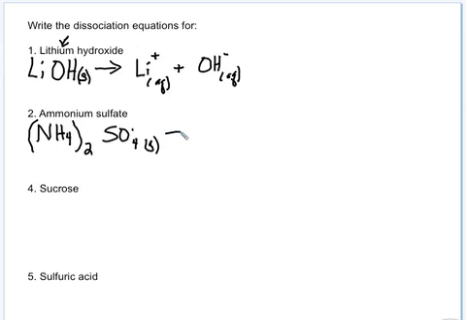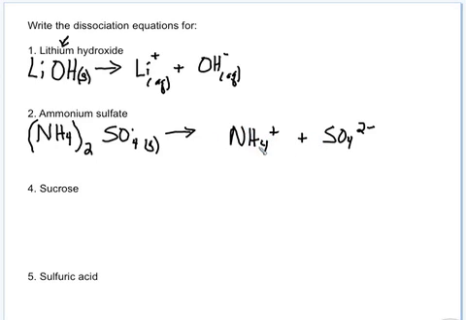Now if you put that in water, it's going to break into its ions. So it's going to break into ammonium ions, which are +1, plus sulfate ions, which are 2-.